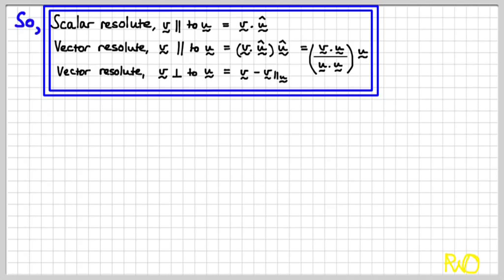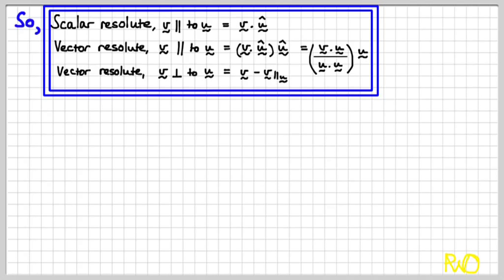We've got the scalar resolute of v parallel to u is v dot u hat. We've got the vector resolute of v parallel to u is v dot u hat in brackets times u hat, or it's v dot u over u dot u times u. And thirdly, we've got the vector resolute of v perpendicular to u is v itself minus the v parallel to u resolute.